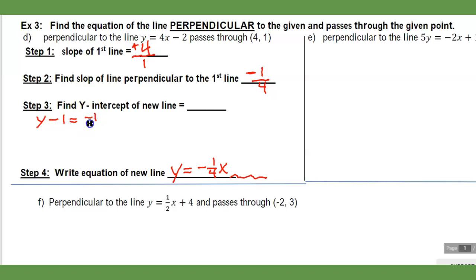Let's see here, negative 1/4 x minus 4. Just try this on your own. You can check with mine. Nope, we got a positive here, so it should be minus.